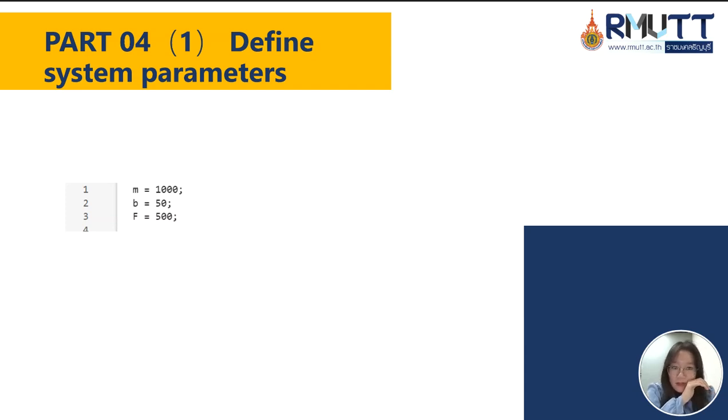The mass m, damping B and external force F are the foundation for constructing the system model. They directly correspond to the characteristics of the actual physical system, providing data support for subsequent modeling.